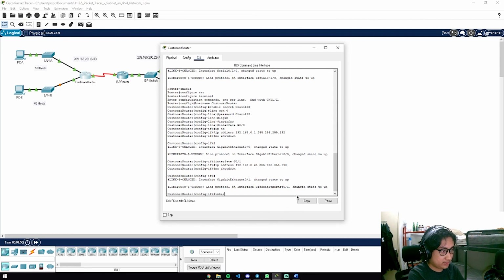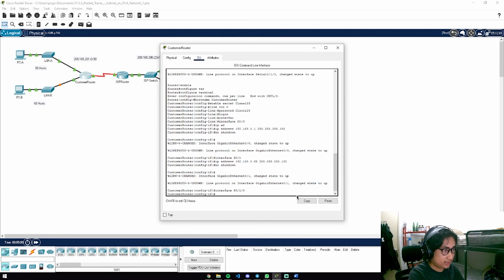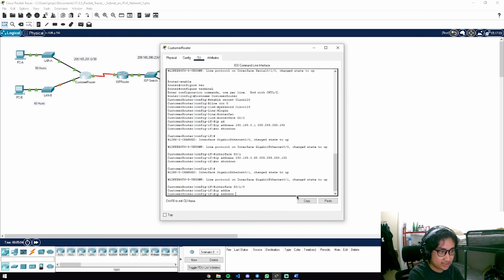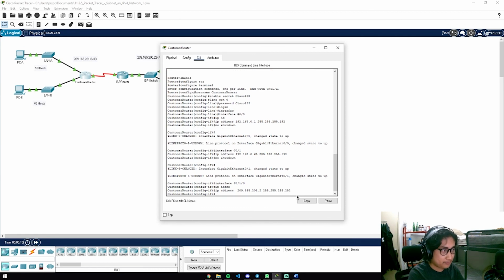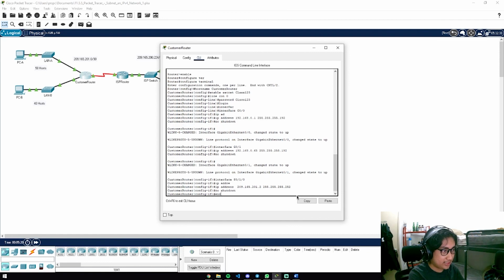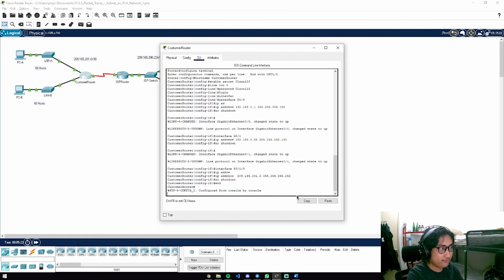So type in here interface S0/1/0, and then we put in your IP address 209.165.201.2, if its subnet 255.255.255.252. After that, we type in again no shutdown, and end. So that's it for the customer router part.